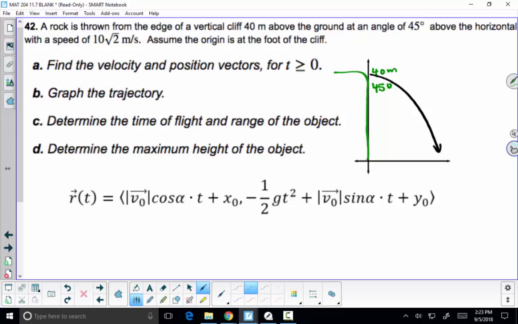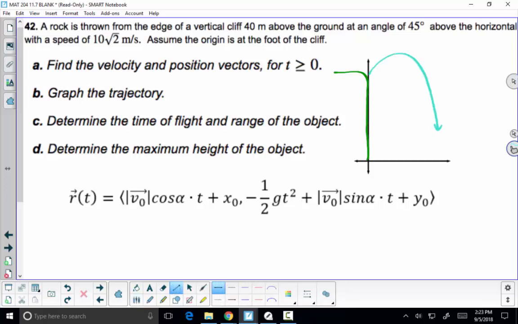Oh, I'm sorry. Thank you. You are 100% right. We're throwing it, not kicking it. So we're throwing it at an angle of 45, so it's going to look more like that.